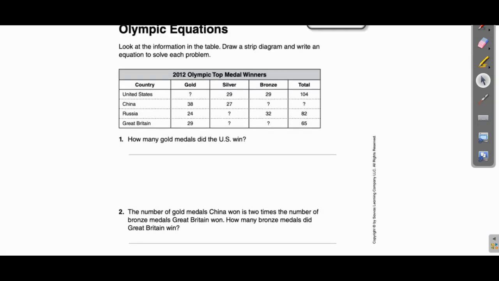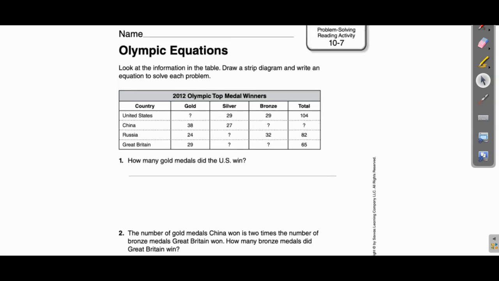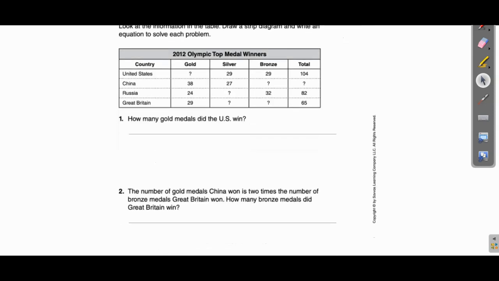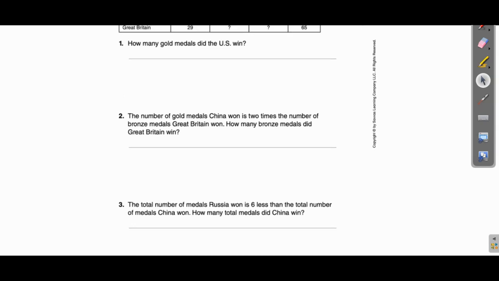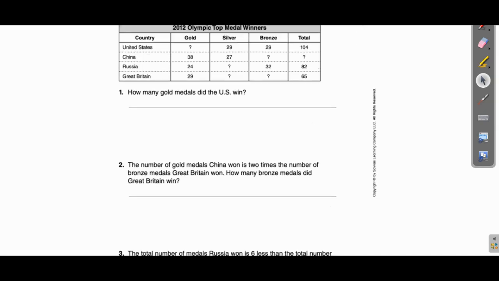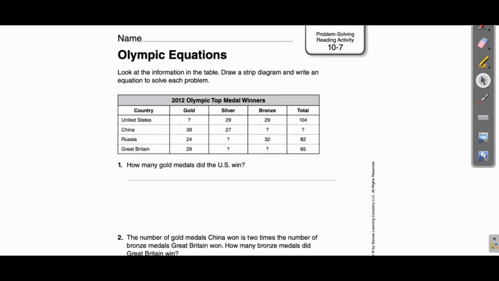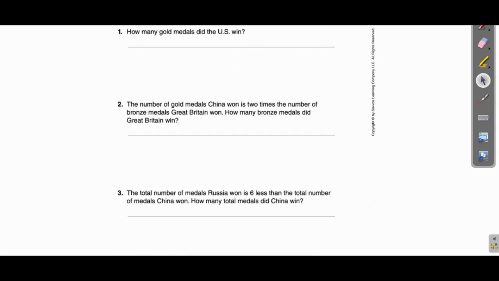You're going to need the chart to help you, and you're answering the missing variables. So this would be the 2012 Olympic medal winners here. So be sure to use this chart to help you answer the questions here. Also be sure to draw pictures of your math problem. Don't just try to use numbers. Try to visualize, try to draw strip diagrams, try to find missing boxes. That's going to be helping you to answer questions 1 through 3.